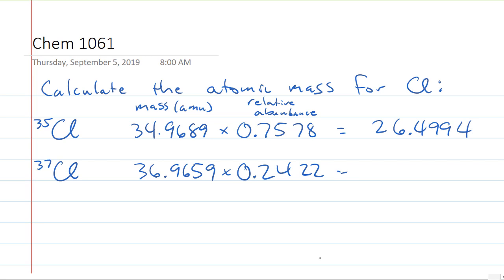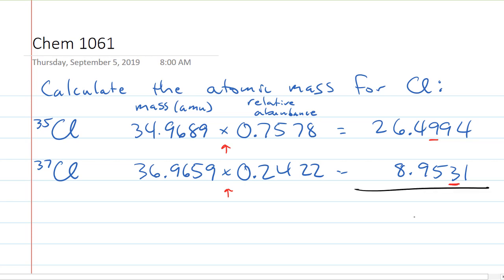Then if we do the second one, we'll take 36.9659 times 0.2422, and that's going to give us 8.9531. Now if we look at significant figures, because the operation here is multiplication, the uncertain digit in this case is the fourth significant figure. So I'm underlining the uncertain digit.